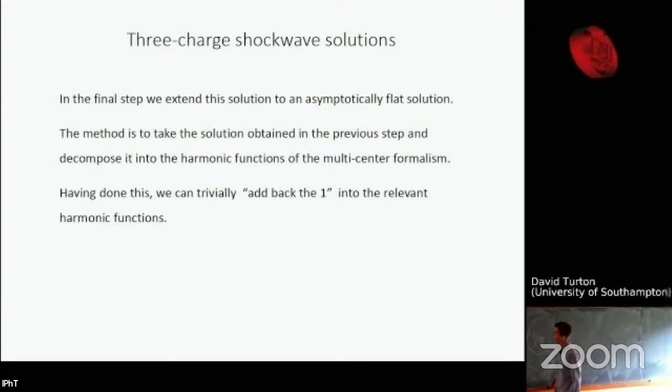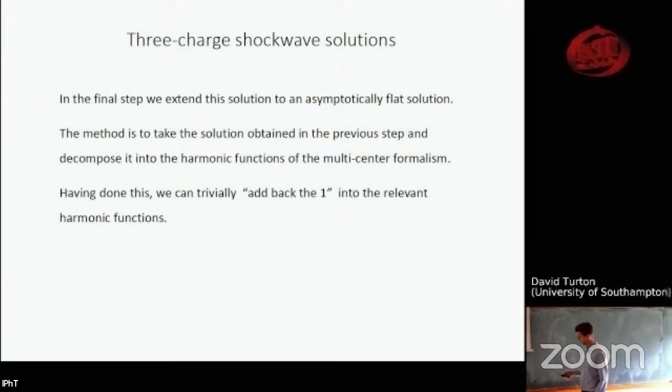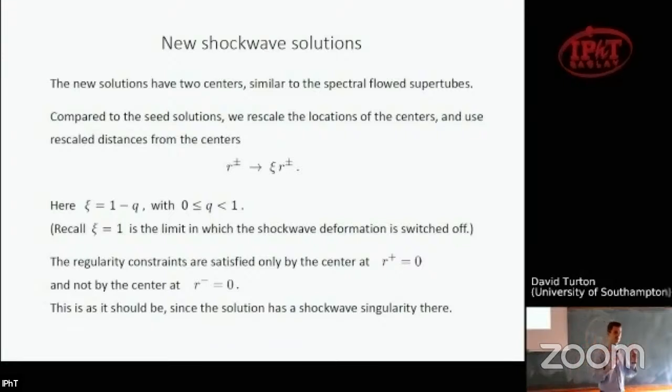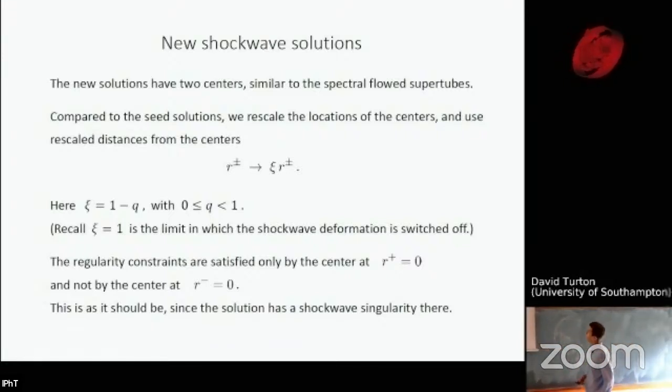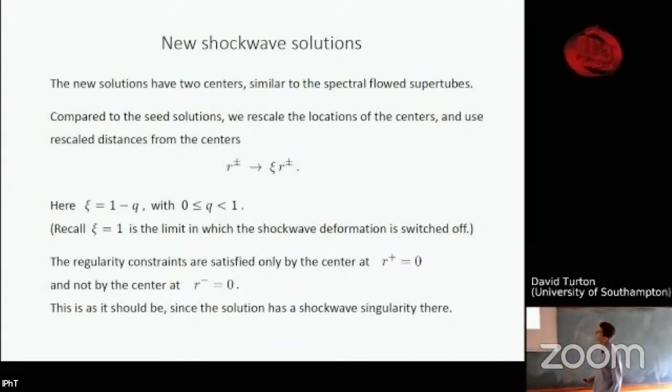So instead of presenting you the whole big ugly metric that would fill the slide, let me just show you, for the experts, the charges of the multi-center description of the configuration. So we have 2 centers, which is the same as the spectral flowed 3-charge BPS supertubes without shockwaves.